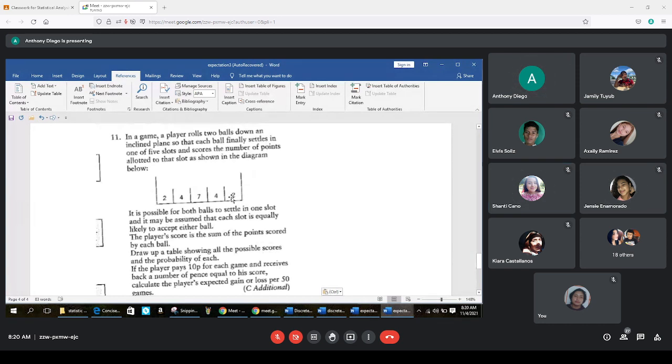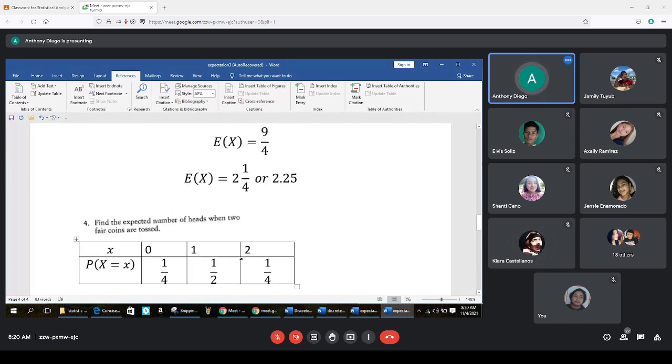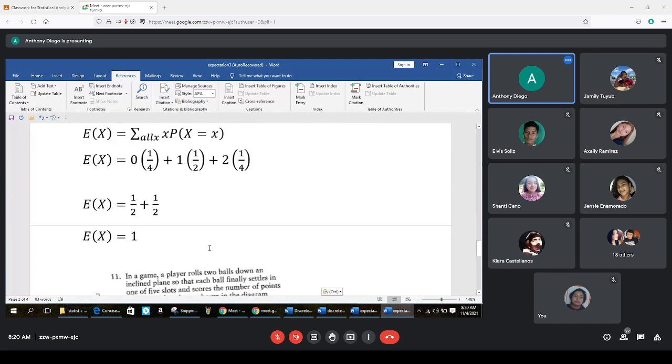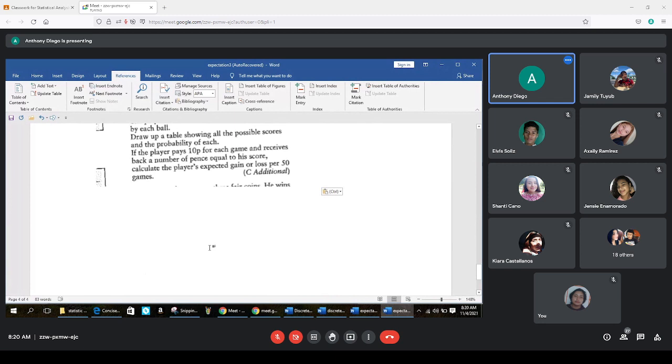Now, the first thing we need to do is to look at our table. But before we do our table, what would be the easiest way to do this problem? Set it in order, sir? Sir, wouldn't it be drawing a tree diagram, sir?